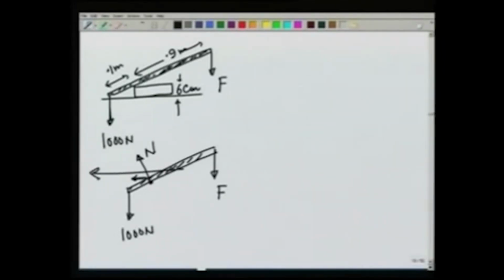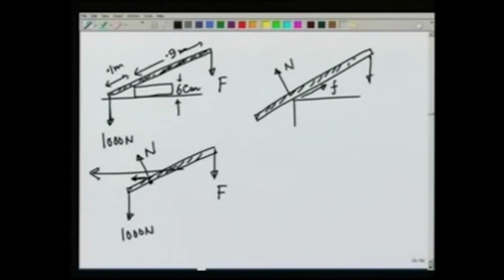In order that the rod does not move, there should also be a frictional force between the rod and the brick. So, we are going to assume that there is a sufficient frictional force that prevents the slipping to the left. So, let there be a frictional force in this direction F, let there be a normal reaction N, let there be the force that we are applying F vertically down, and let there be a force 1000 newtons here.